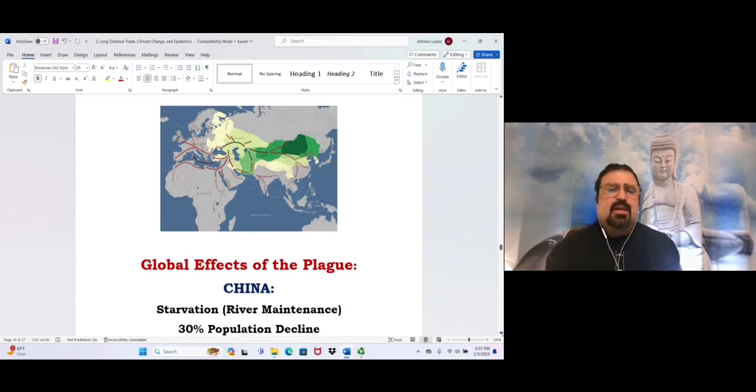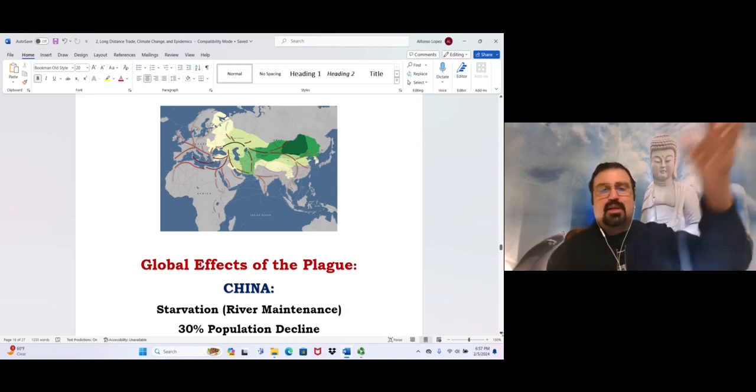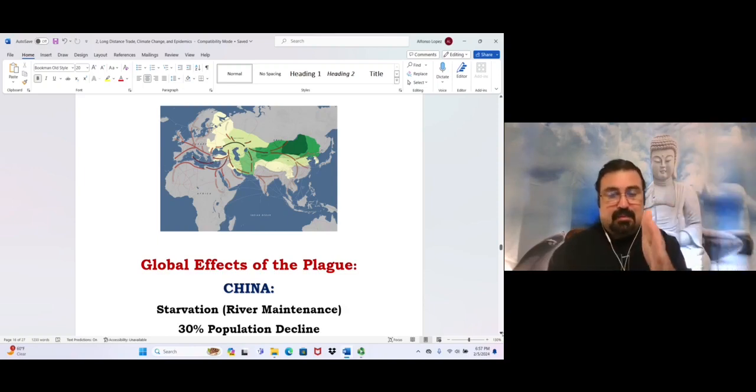And as you can see, those are the routes that the merchants cross merchandise from one area to another. And as well, those are the specific regions that were mostly affected by the Black Death as well.